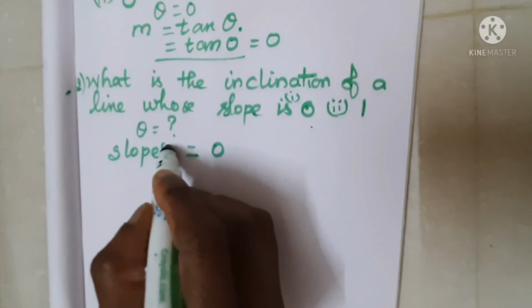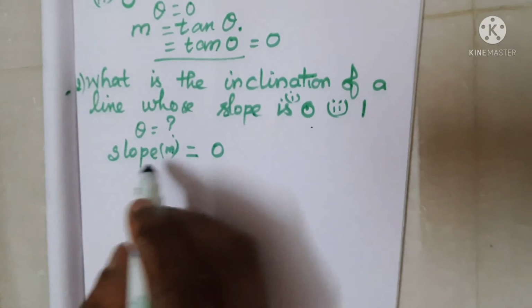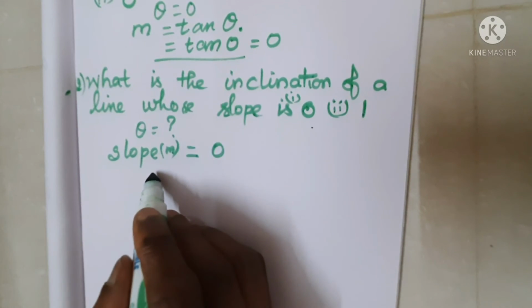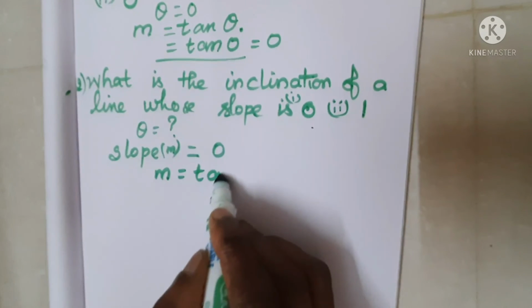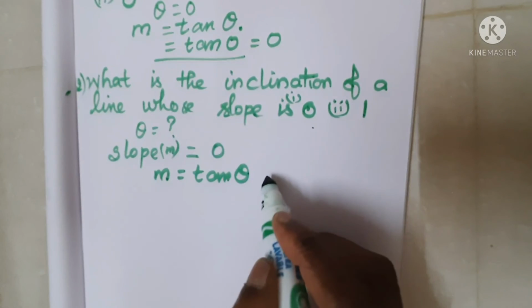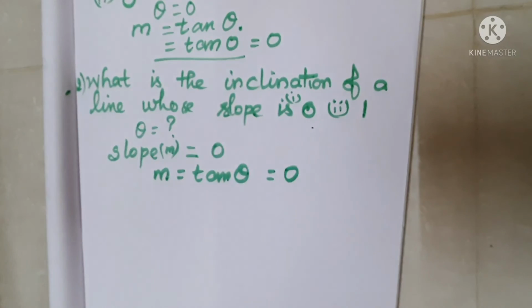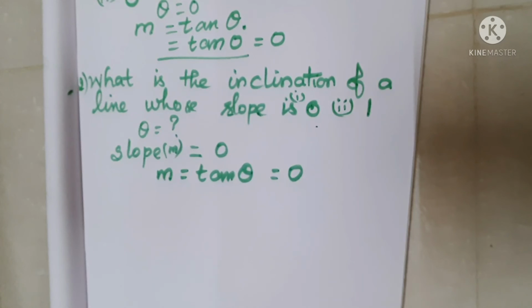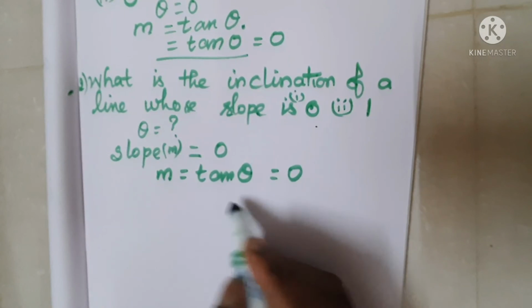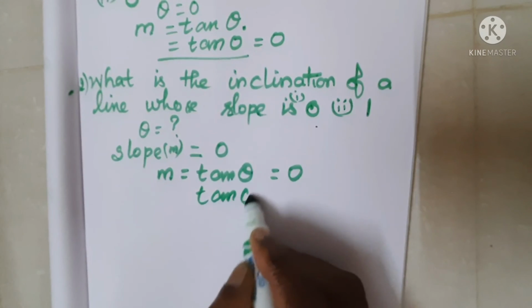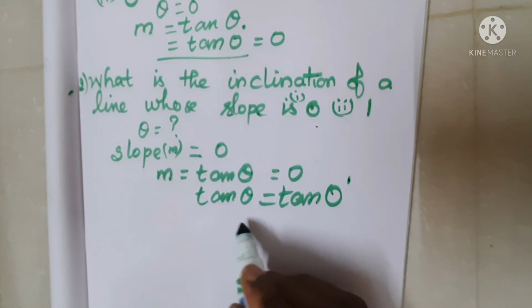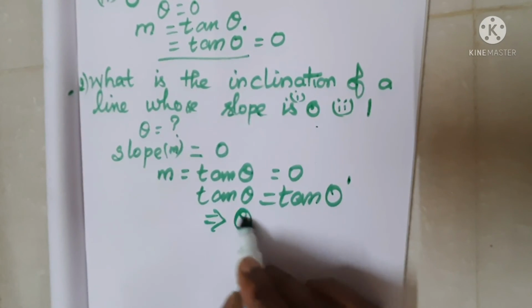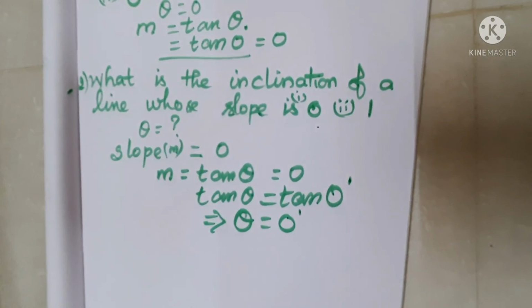What is that formula? m is equal to tan theta. This tan theta is given as 0. So you find for what value of theta you will get the value 0. So tan theta is equal to tan 0 degree. This implies theta is equal to 0 degree.